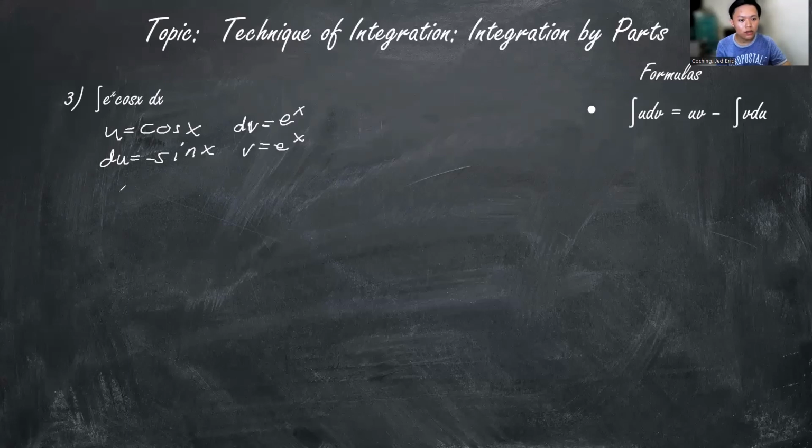Okay, using the diff method, you can also get this. So cos x, then negative sin x.